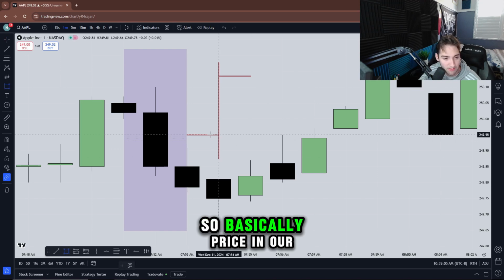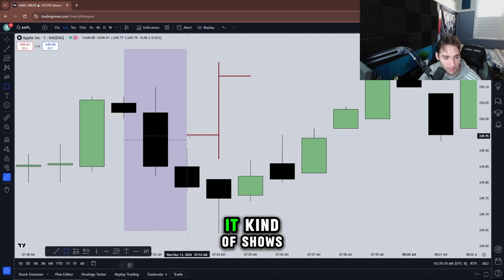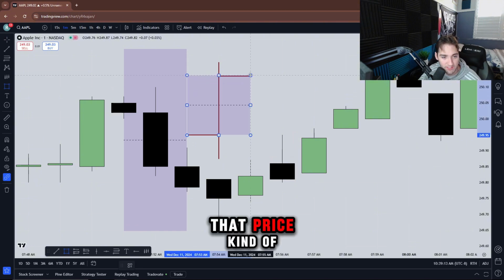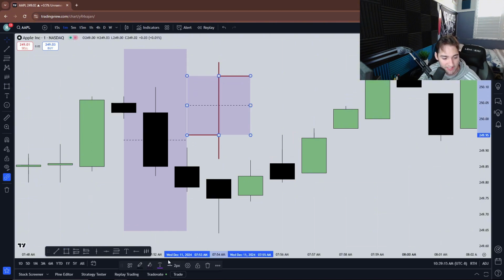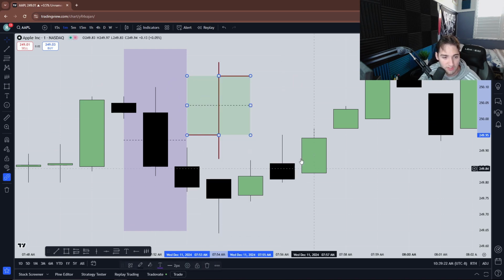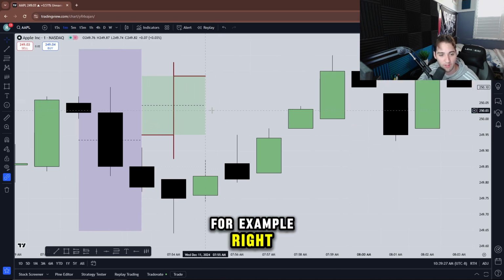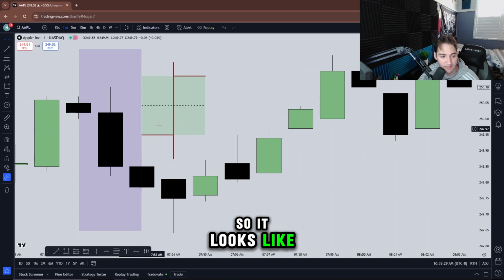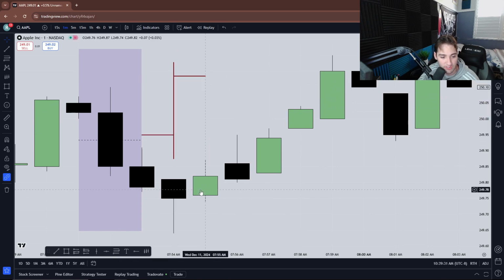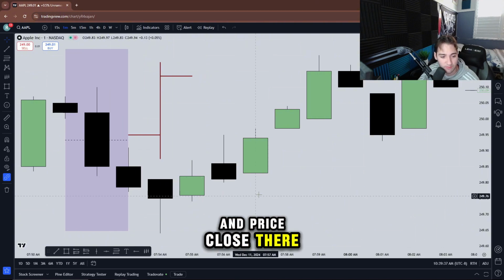So price in our candlestick kind of gets highlighted here, right? As a specific color if the market's going down or up, as you can see. So then it would be like a candle that looks like this, for example, right? And it just kind of gets highlighted, so it looks like a wide body, which is exactly here. So just imagine there's a line here and a line here. So price opened there and price closed there.